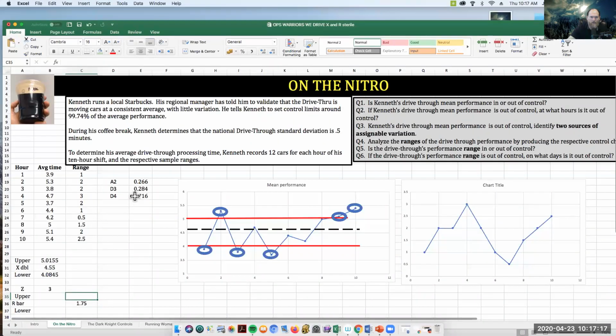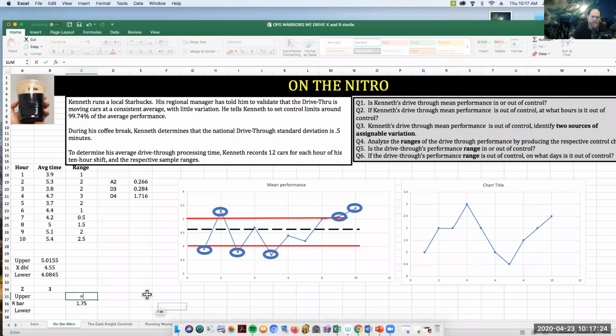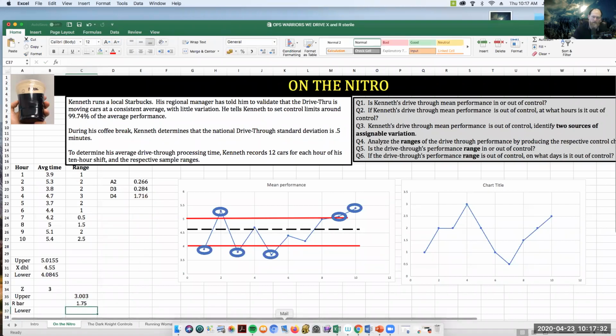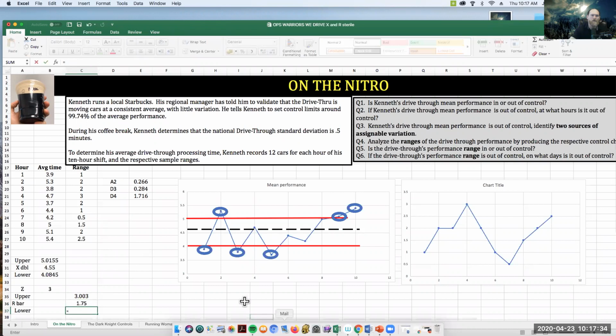So we're going to take D4, multiply it by that value right there. And then we're going to take D3 and multiply it by that value right there.